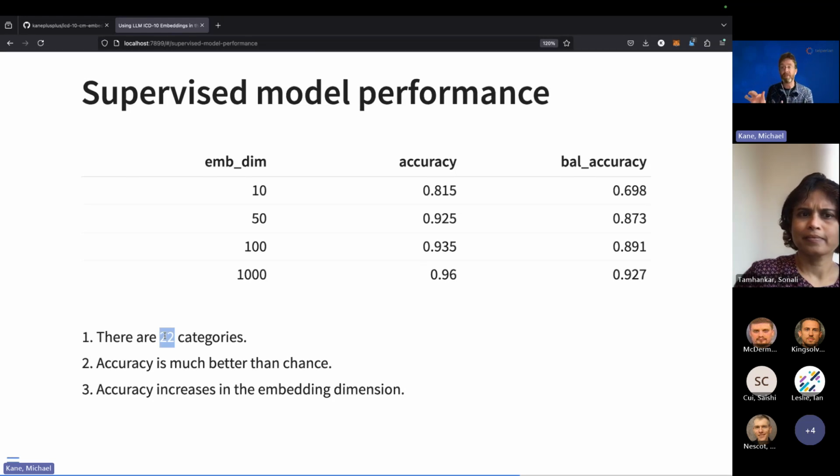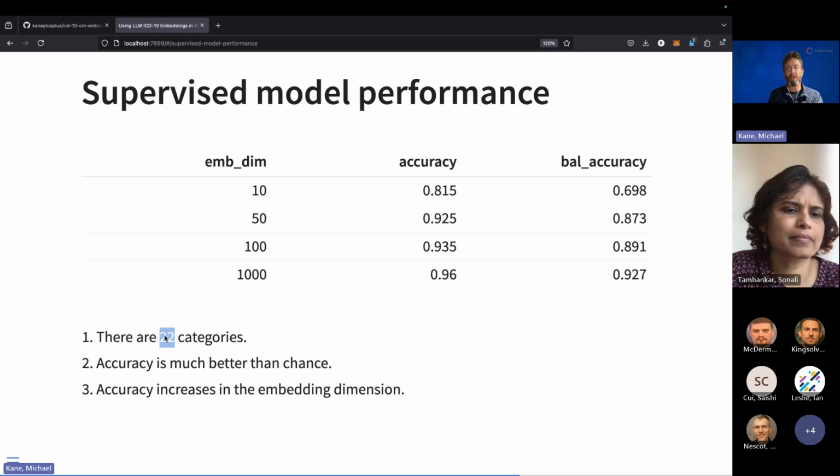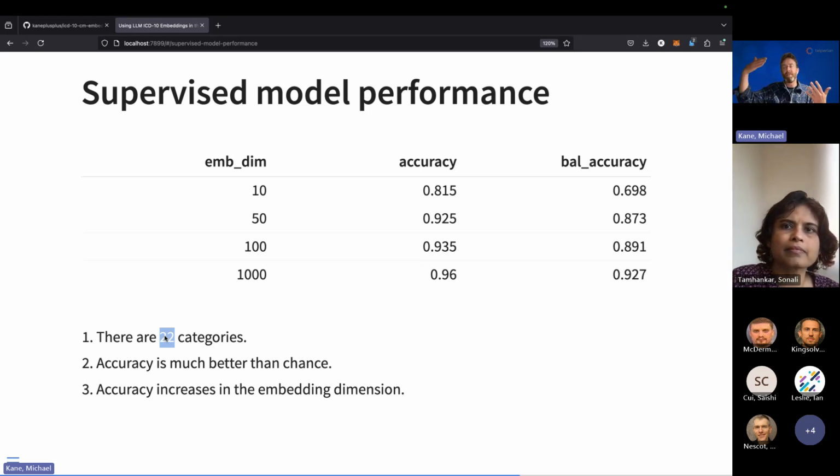There are 22 different categories, different letter groups, basically. So chance is going to be something closer to 1/22. The number of ICD-10 codes in each category varies, but roughly, that's what we would be thinking by chance.